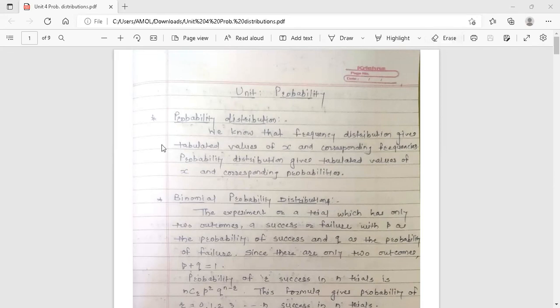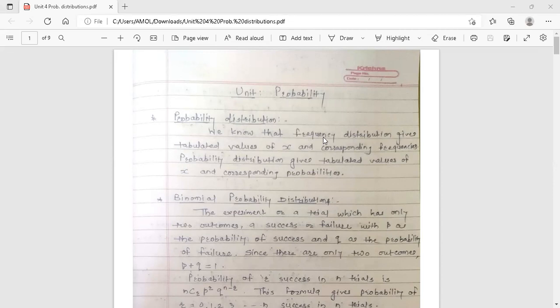Now the topic, probability distribution. We know that frequency distribution gives tabulated values of x and corresponding frequencies. And the probability distribution gives tabulated values of x and the corresponding probabilities. So this is the difference between probability distribution and frequency distribution.